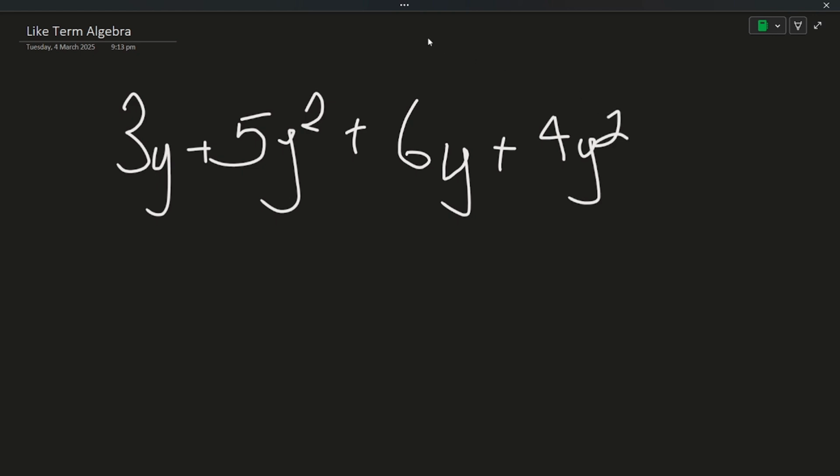So although this has a variable, it's not the same thing as y. So this thing is only similar to this value right here, and that means that it's not equal to this, not that, and not that, because it has y to the power of 2. If it had just y, it would be similar, just like this one, just like this one. They're similar. Now you group these two together.